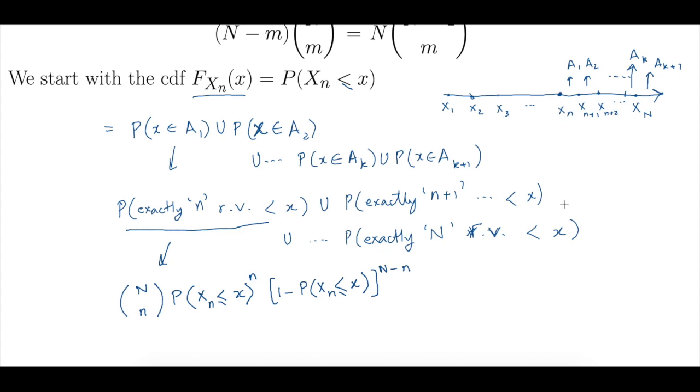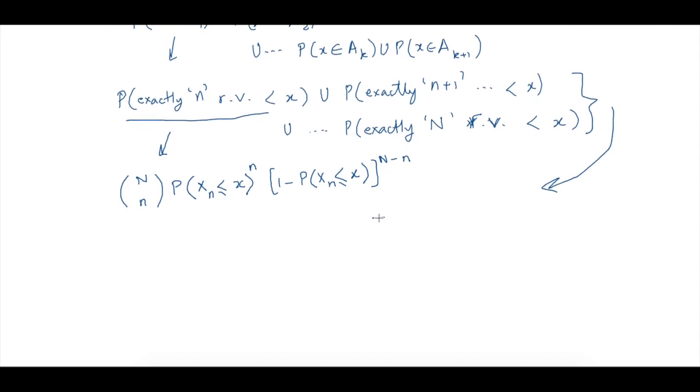So all I can say is that this whole thing is equal to the summation of k equals n to n, n choose k, and this guy I can say is F of x, the CDF, and this guy is 1 minus F of x.